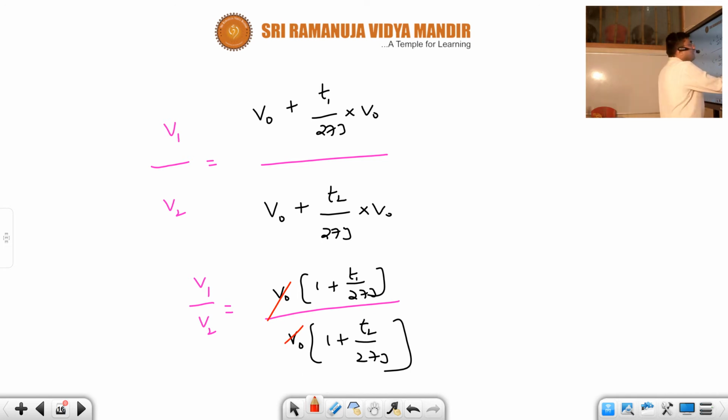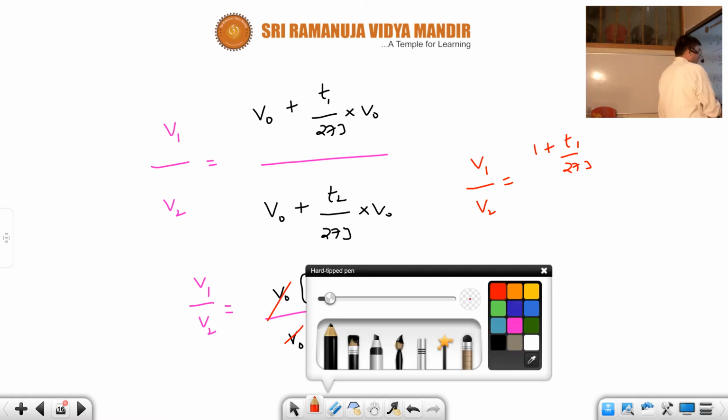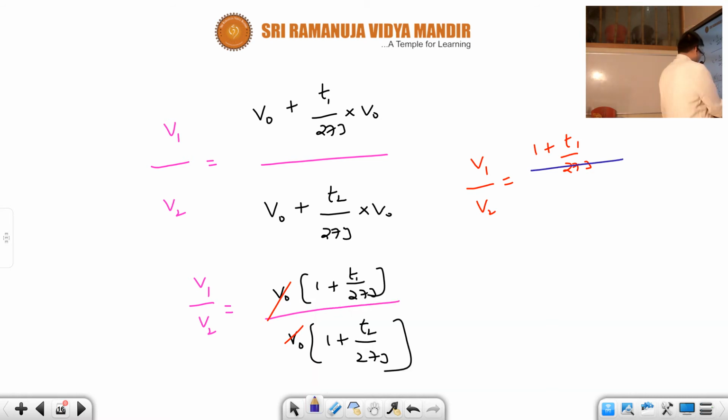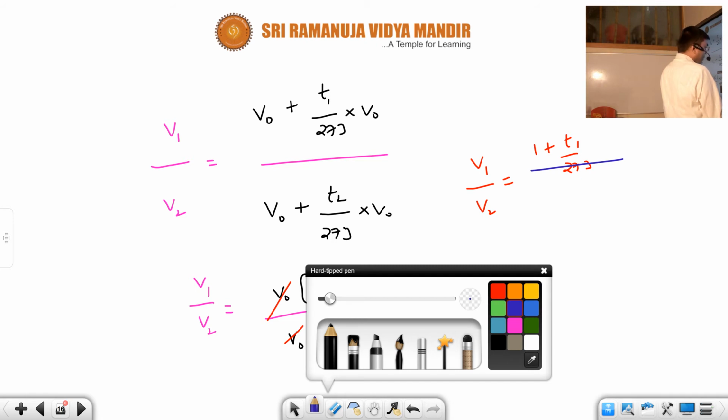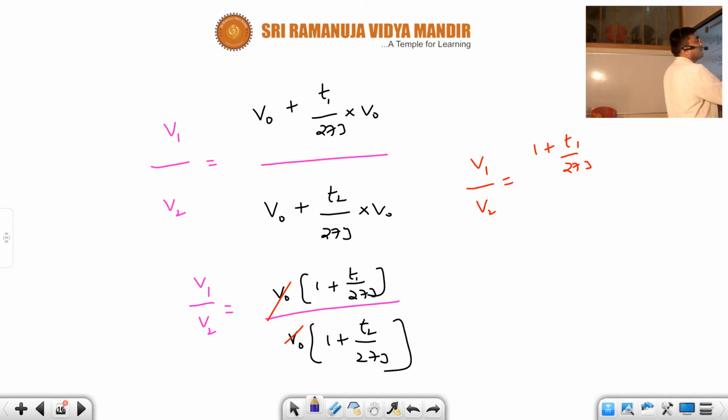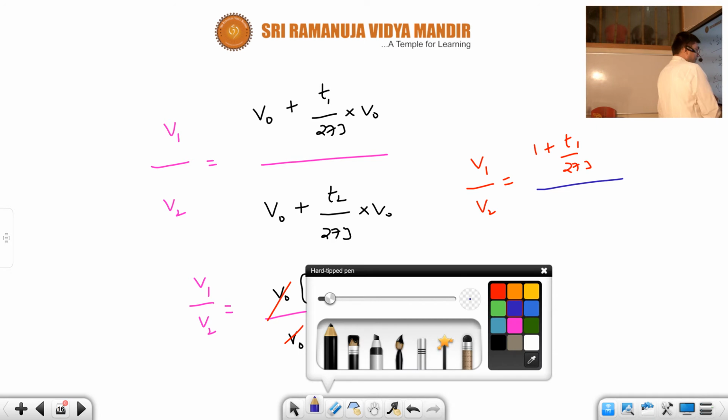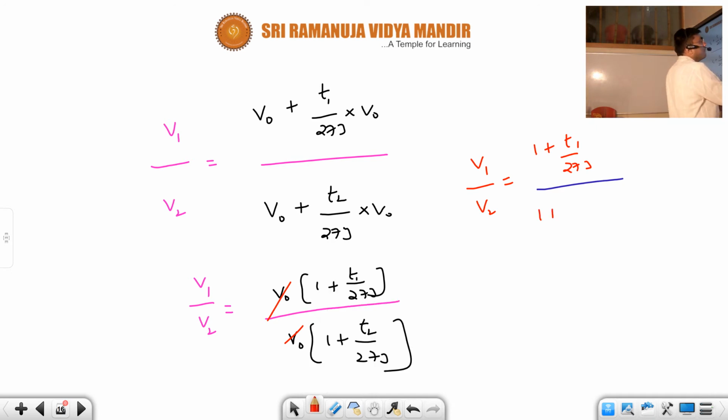So what is coming out here? V1 by V2 is equal to 1 plus T1 by 273 divided by 1 plus T2 by 273. Students, you can write like this.